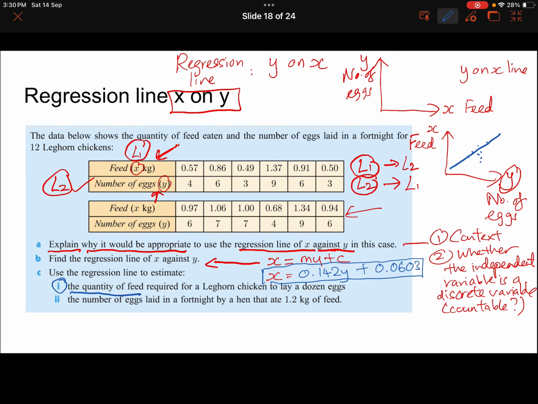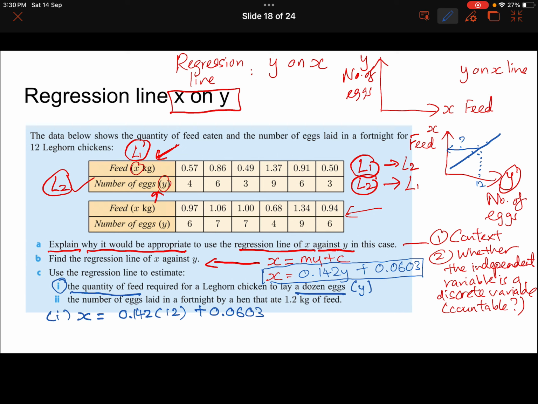If you have 12 eggs here, could you find what the feed is? We could use the regression line equation we just got. We could easily do that because we know that a dozen eggs is the y value. So I'll set y to be 12, which is 0.142 multiplied by 12, and I'm going to add 0.0603.